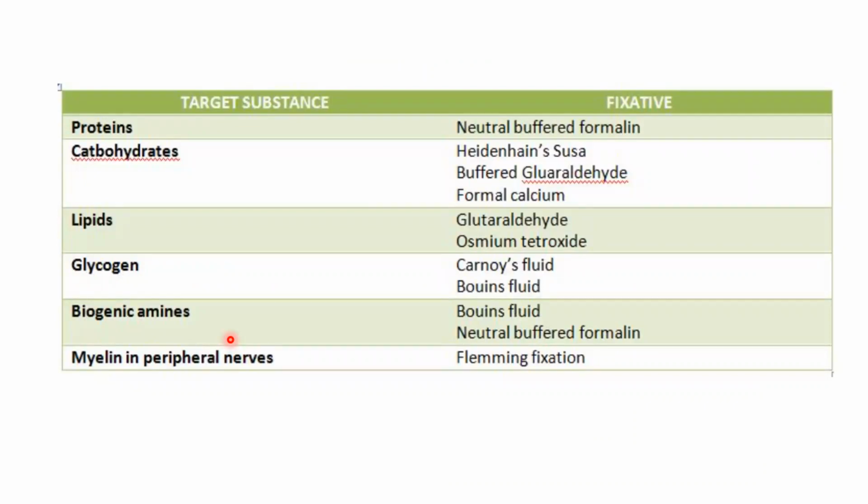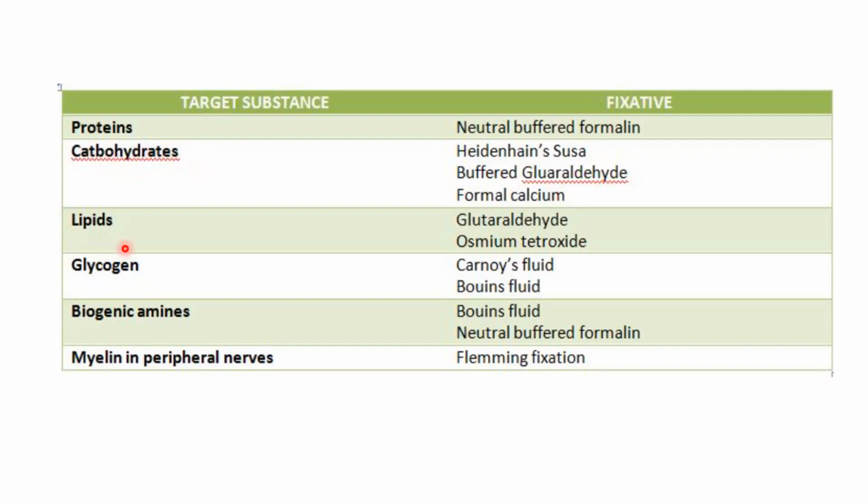Say, for example, if our target is proteins, if we want to fix the proteins, then the ideal fixative we can opt for is neutral buffered formalin. If we want to preserve carbohydrates, then we have modified fixatives such as Heidenhain-Susa fluid, buffered glutaraldehyde, or even formal calcium as the fixative of choice. Sorry, it is not fat, it's carbohydrates.